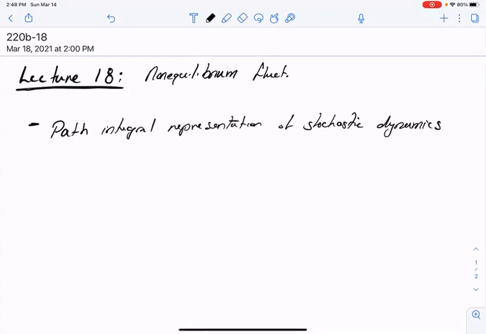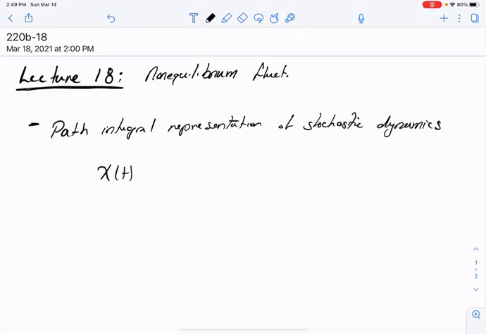So rather than considering an individual stochastic trajectory as is generated by an equation of motion like the Langevin equation, and rather than thinking about how the probability distribution of those points along stochastic trajectories evolve, like would be encoded with the Fokker-Planck equation, we attempted to write down an object, the trajectory, an individual realization of a stochastic process, and assign a probability to that whole process, to that whole trajectory.